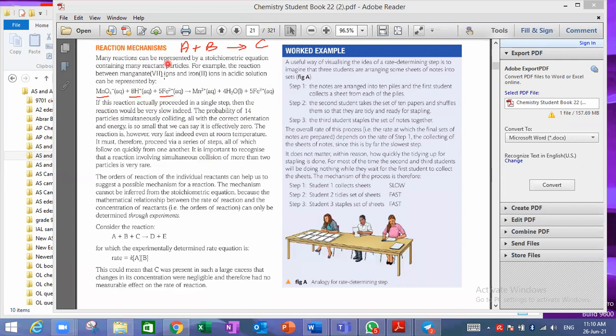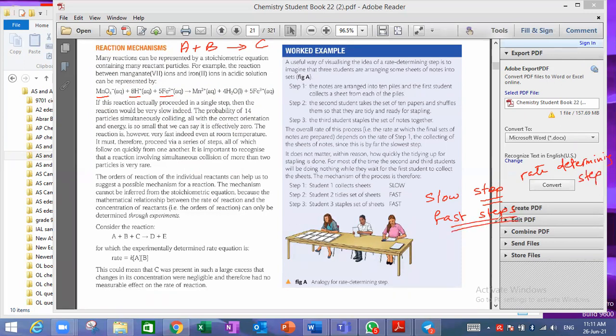Now, in the reaction mechanisms, we have to differentiate between two different types of steps. We have slow steps and we have fast steps. Usually, the slow step is only one step, and we call it the rate determining step.